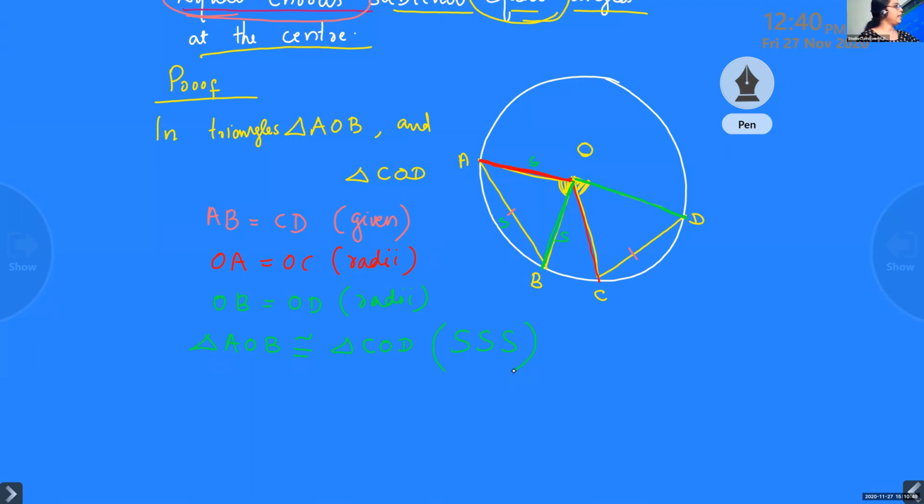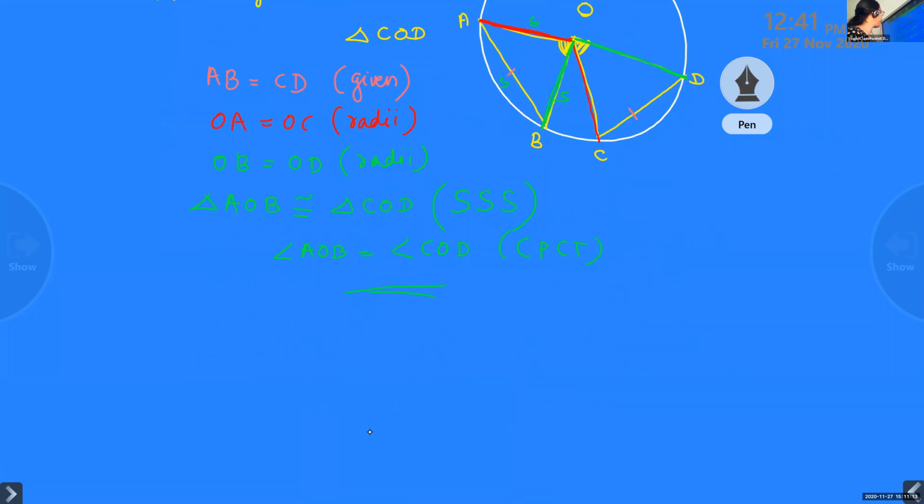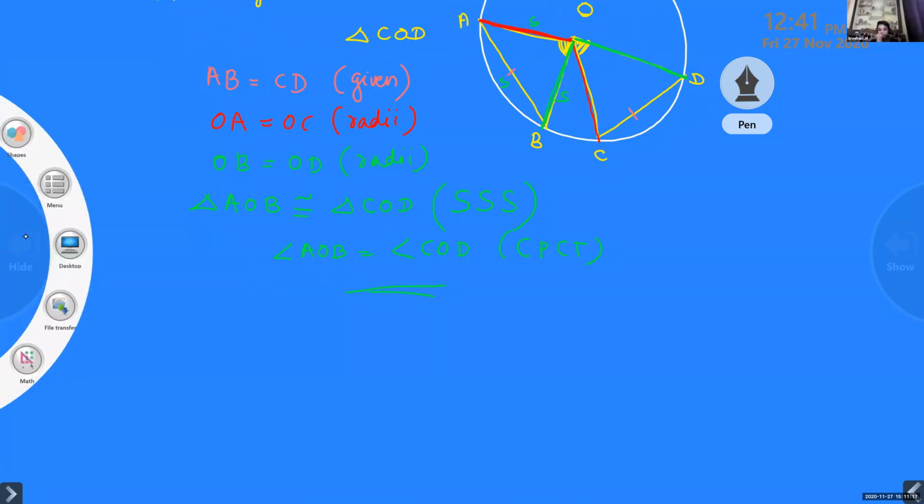If you take any other part of the triangle, it will be automatically equal. Clear, children? So, our angles are angle AOB equal to angle COD. We can write the reason CPCT because congruent triangles, all the other parts are equal. Did you understand? This is our first theorem.